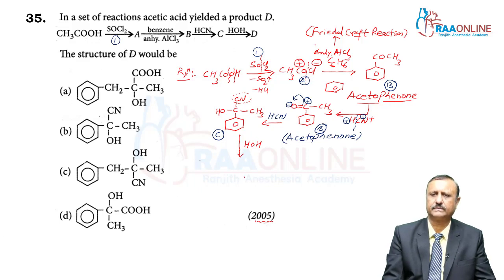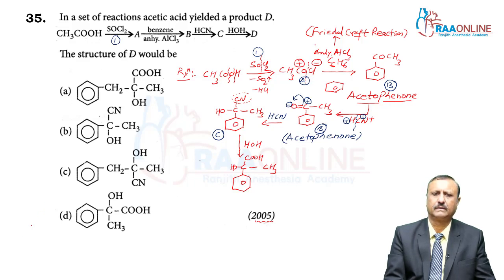So you can get the OH, here COOH, and here CH3. This is your asymmetric carbon atom, my dear students, and this is the D product.